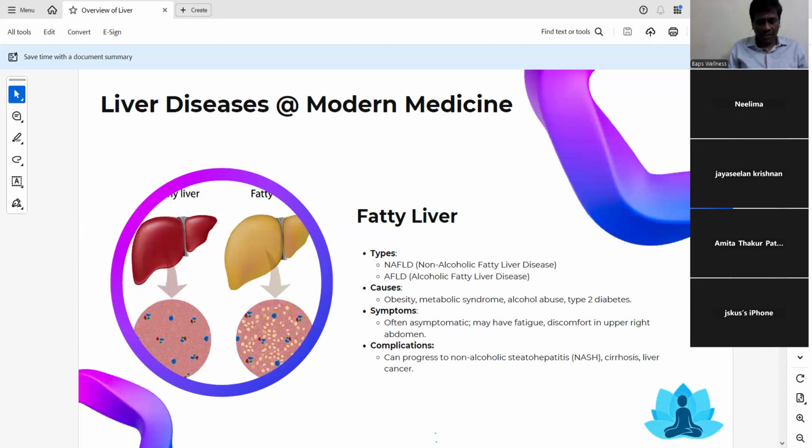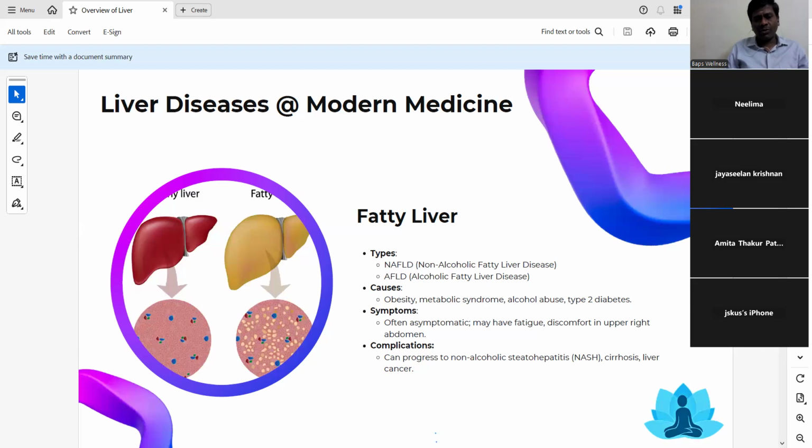So wherever PCOS or PCOD is there, the patient will likely have insulin resistance. Over a period of time, diabetes. Over a period of time, fatty liver. So the prognosis is like this. And a sedentary lifestyle also causes NAFLD. And poor diet, especially high fructose and processed foods, triggers NAFLD.